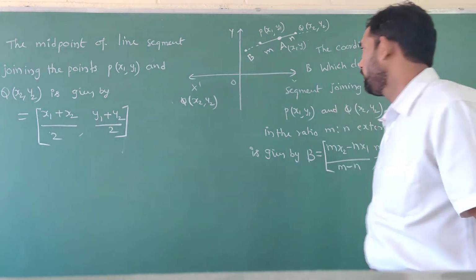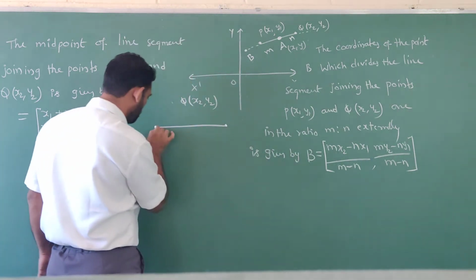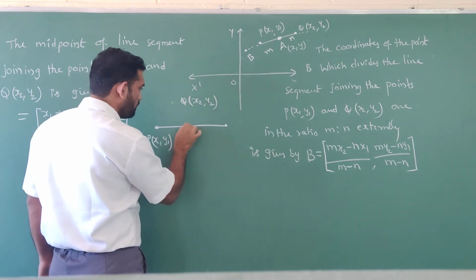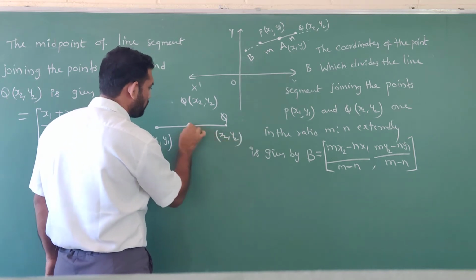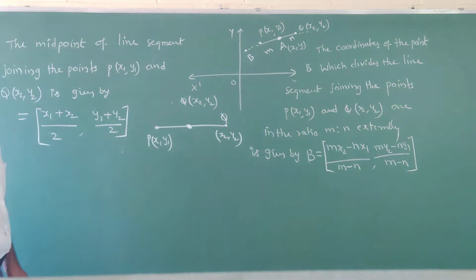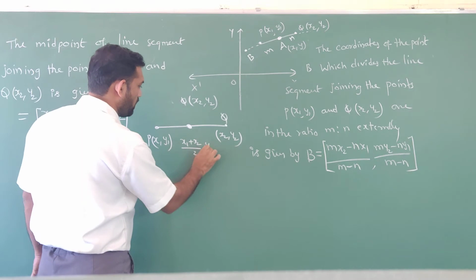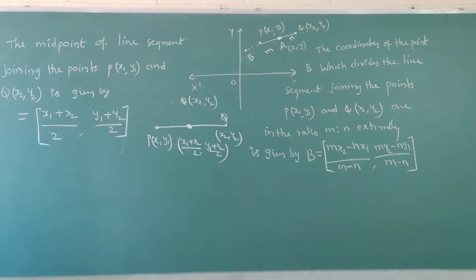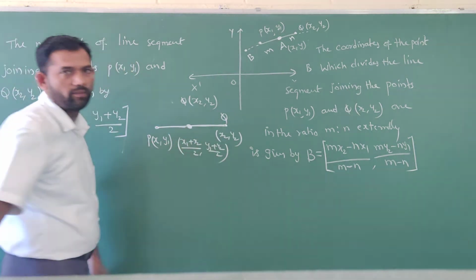That is the midpoint formula. Suppose the line segment is this one, P (x1, y1), Q (x2, y2). Two points given, so the midpoint formula is ((x1 plus x2) divided by 2, (y1 plus y2) divided by 2).